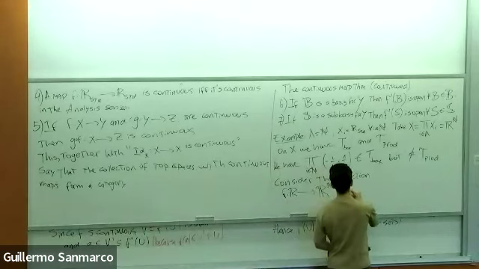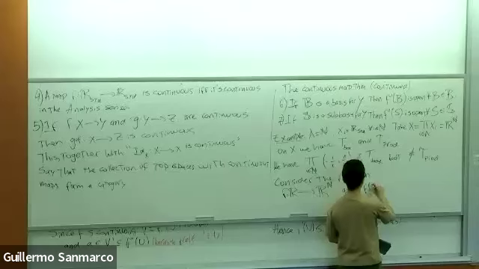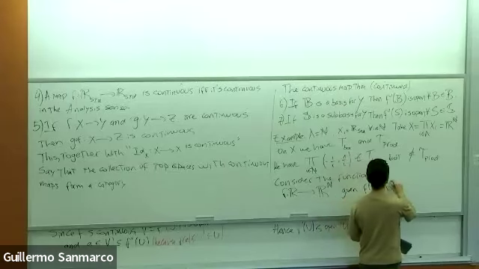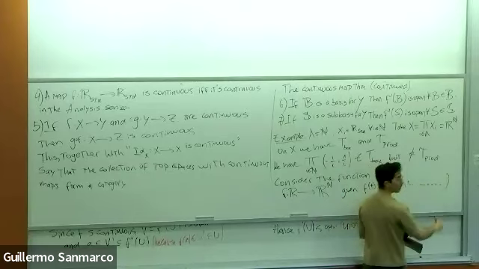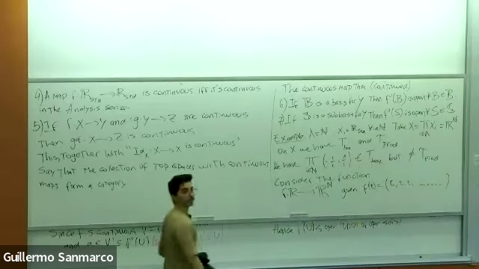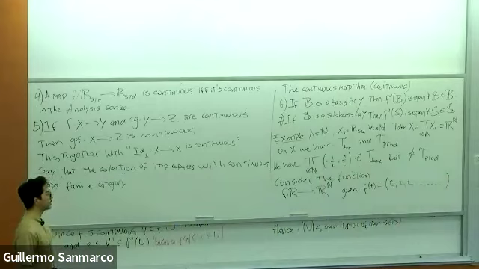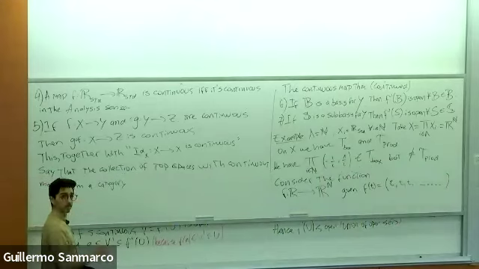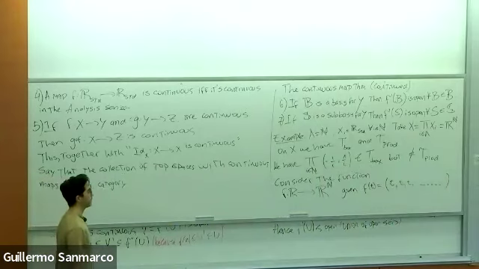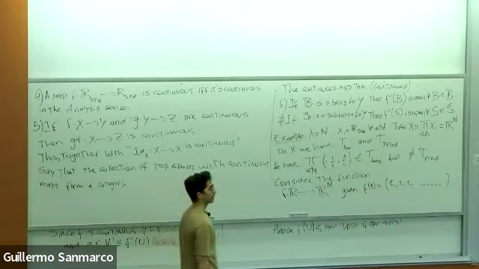So f of t is going to be the infinite tuple t, t, t, and so on. It's not constant, but kind of diagonal. Those are all the same t, right? Same t.